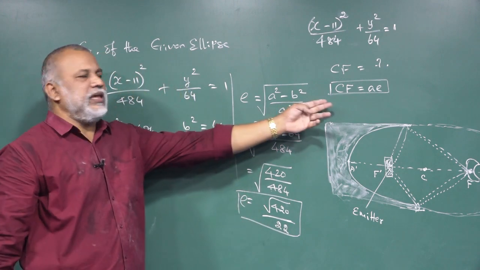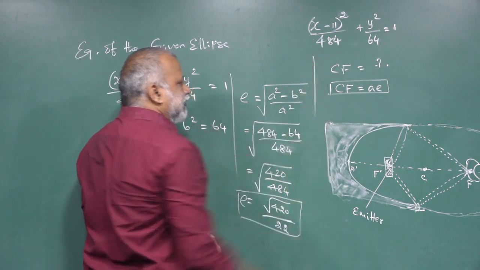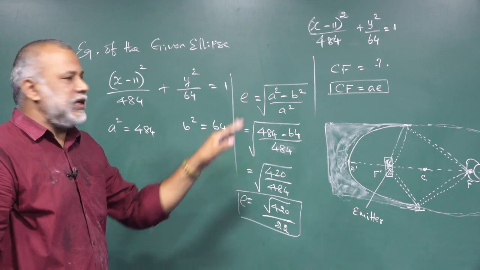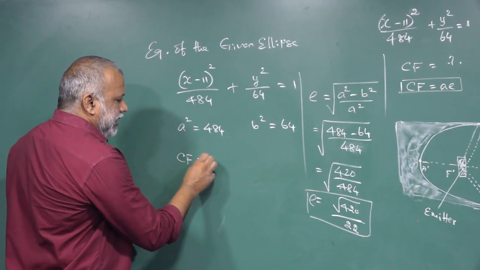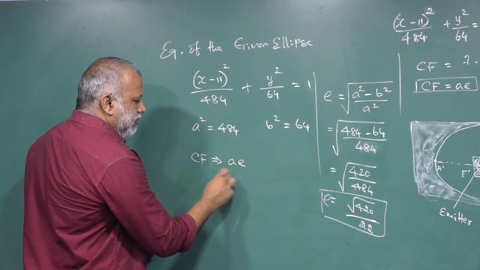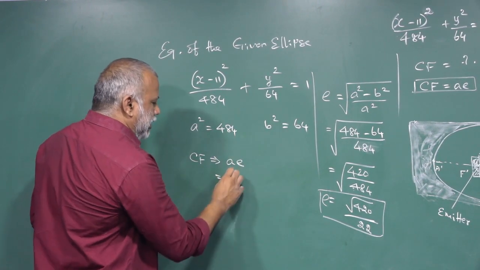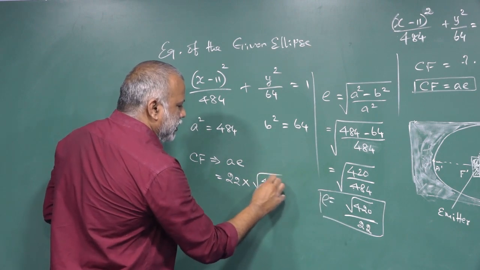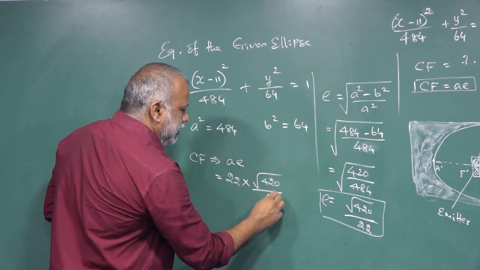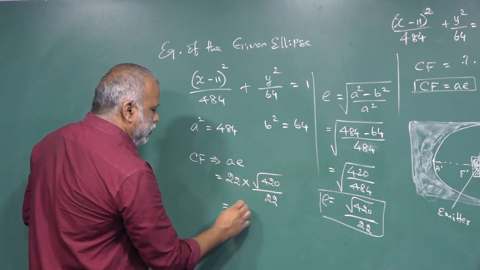But we need AE, which means CF. CF equals AE. We need to find A. Already we know the value of A is 22, and the value of E we just worked out is square root of 420 divided by 22. The 22 will be removed.